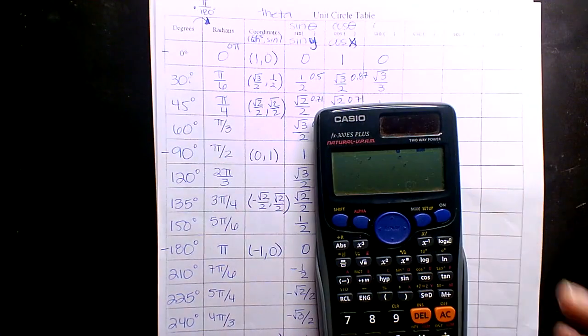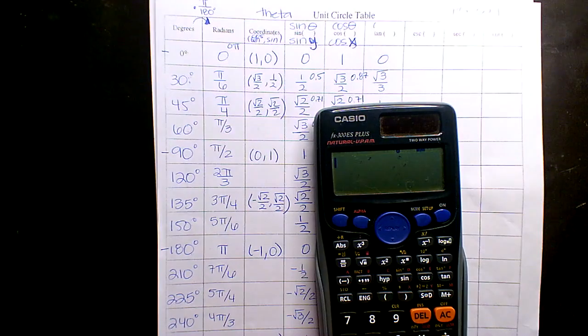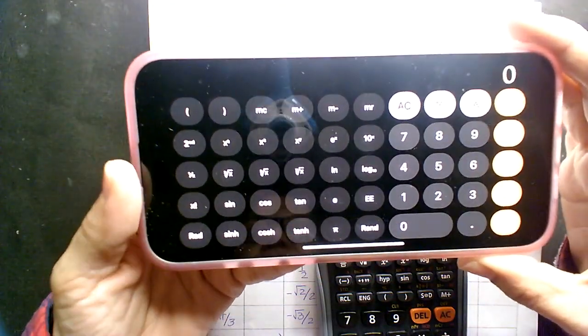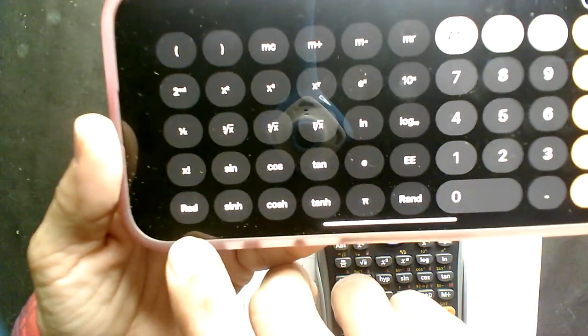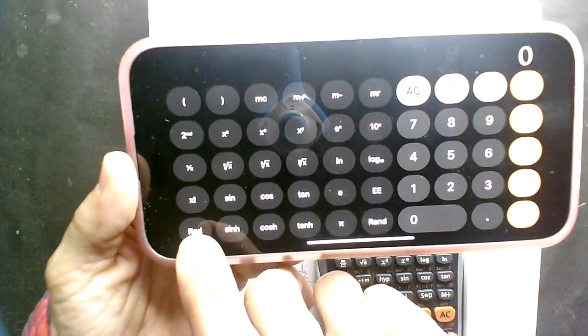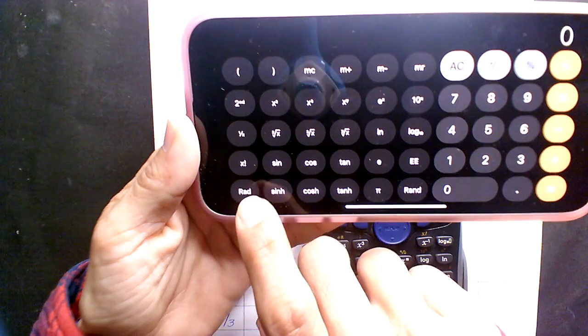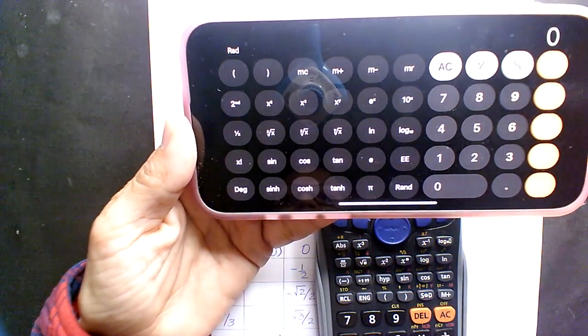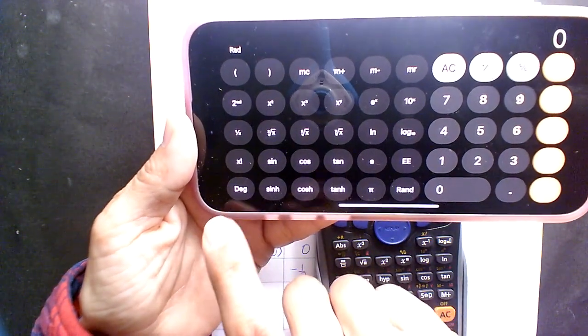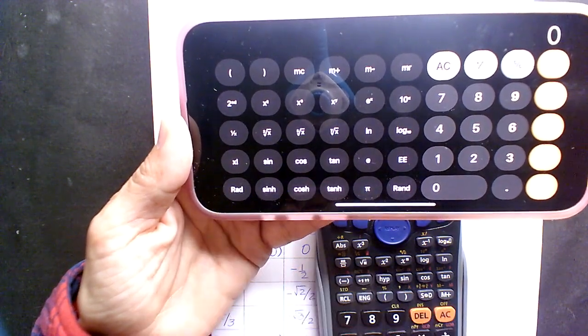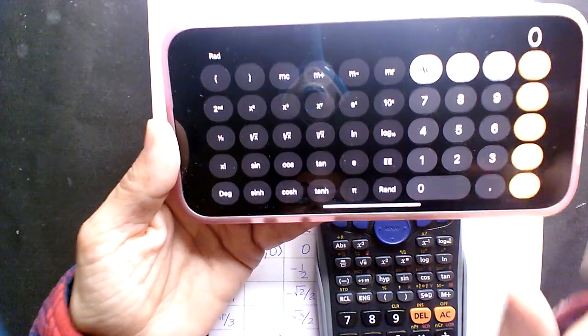And by the way, your cell phones do that as well. So if you guys go in your cell phone, notice if I'm on radian mode, I hit radian. See rad there. So that is radian mode, and then there's degree mode. See how it goes degree, radian. Your phone even does that. So let's do degree.